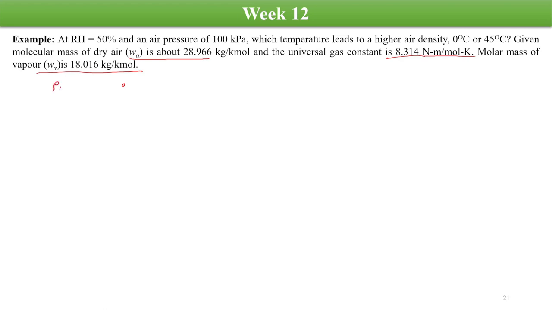We have seen earlier that the formula for the dry density of air will be: dry density is equal to uD WD upon RD, right?